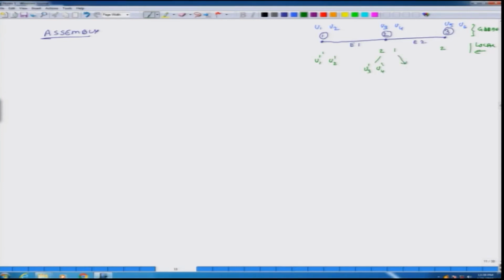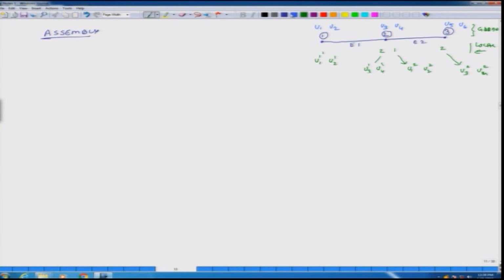Associated with this, I have u1 of the second element and u2 of the second element, and associated with this node, we have u3 of the second element and u4 of the second element.